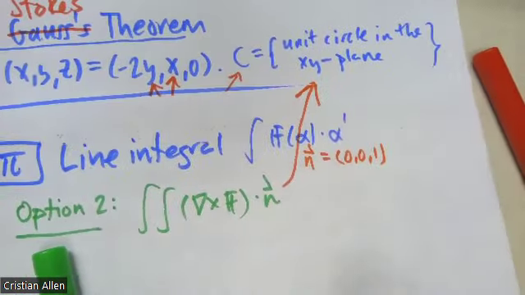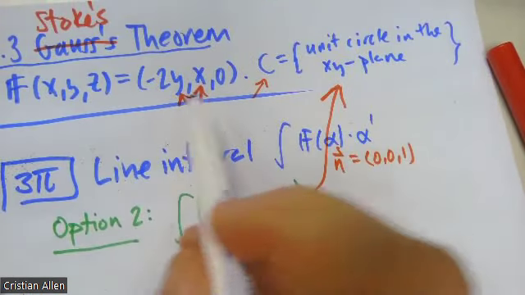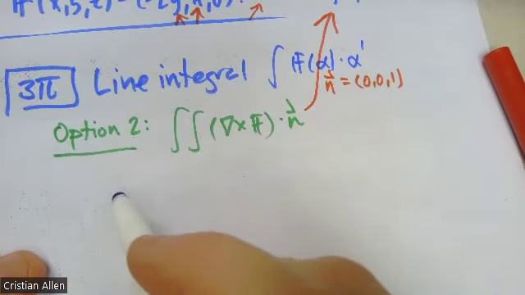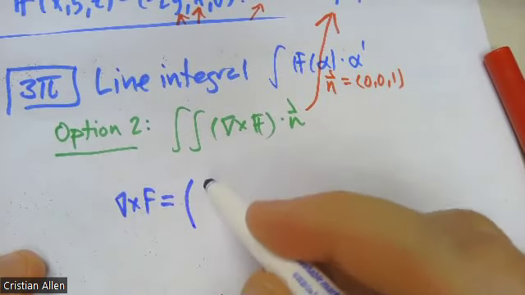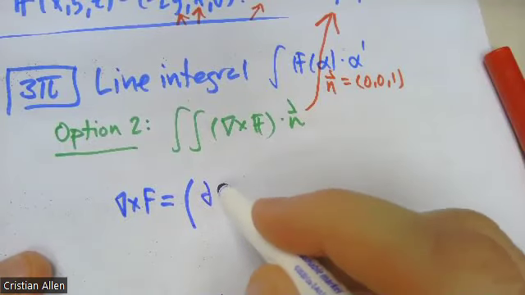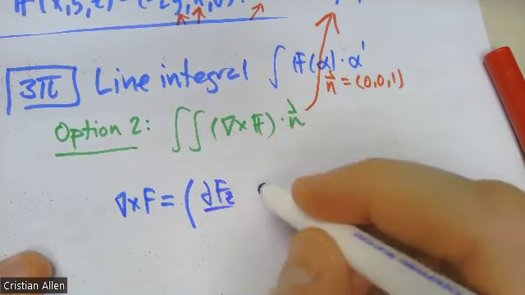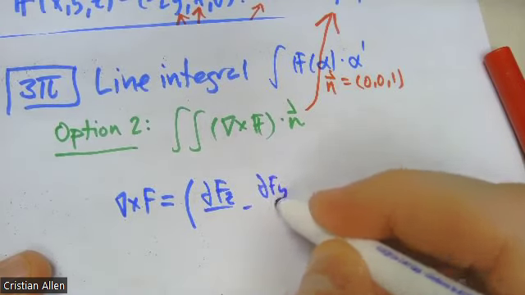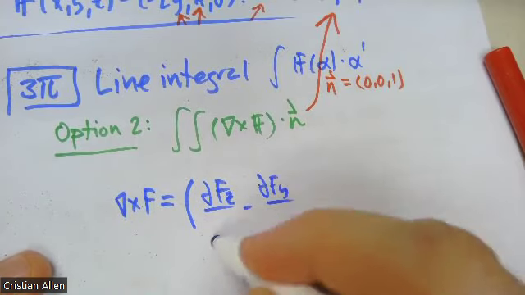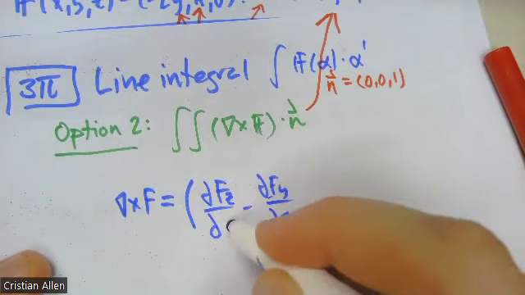Now, what about the curl? The curl of this vector field up there, you remember that the curl is a very long equation. It's the partial of fz minus the partial of fy with respect to a crisscross variable. So with respect to z here and y here.